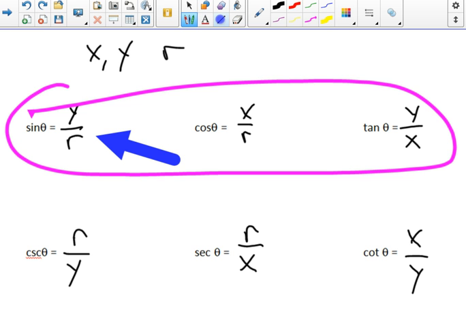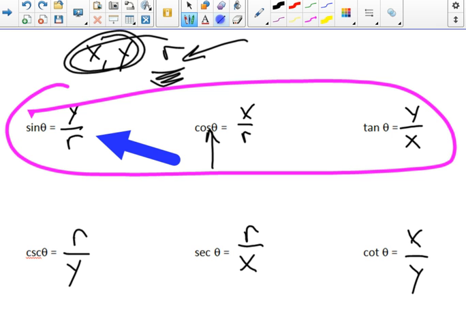That's them. And if you know an x and a y, you can always find r, or for that matter, if you knew r and you had one of the other ones, as long as you got two sides of a right triangle, you can always find the third, then you can find these ratios, and they are unique to the angle. The cosine of 30 degrees is some number.